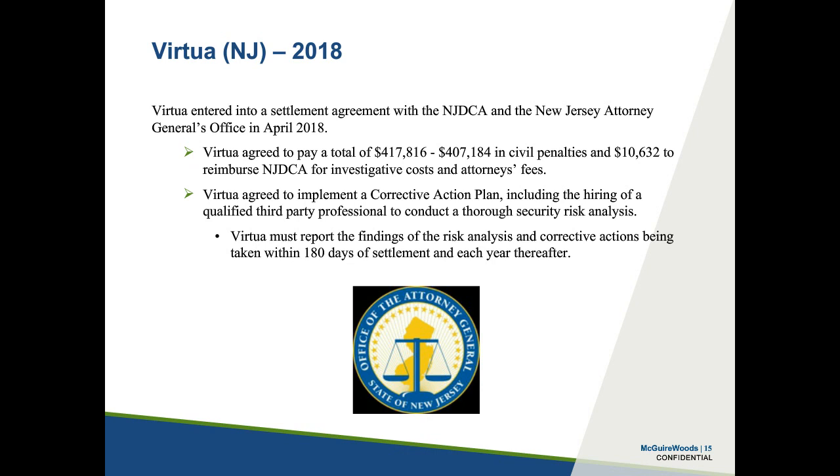And I think the big takeaway there is this is a situation where there didn't appear to be an allegation that there was no business associate agreement or anything like that.